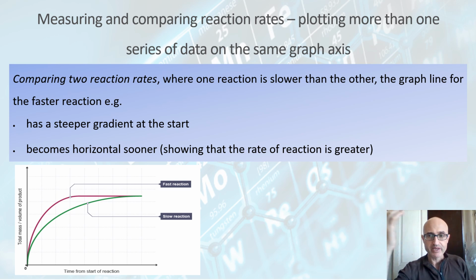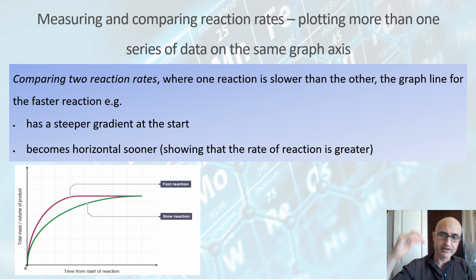Now, as I had explained also in the very first slide, you shall be expected many times to plot one curve from experimental data, and then you might be asked to also sketch curves on the same axis to show what happens if, for example, you are increasing the concentration of a reactant, or increasing the surface area of a reactant, or using a higher temperature.